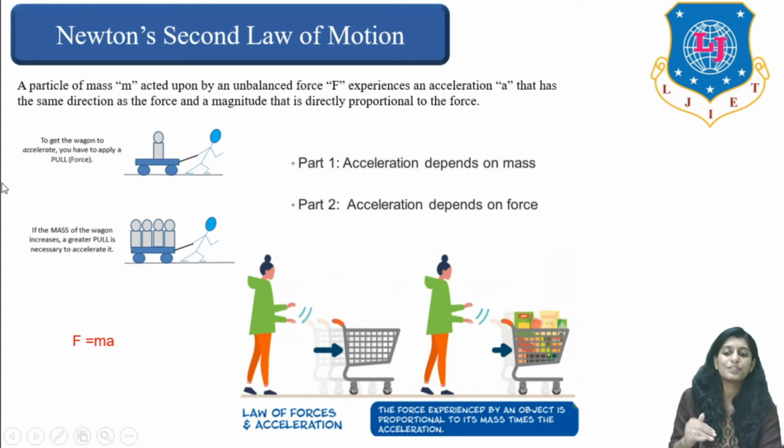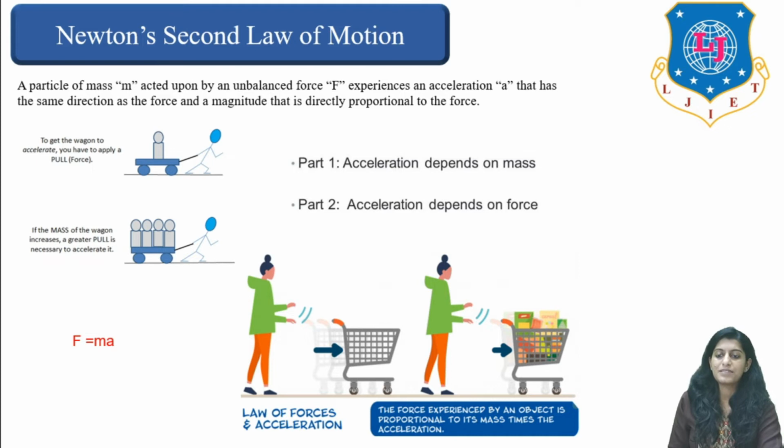So what does this particular law say? That a particle having a mass m, acted upon by an unbalanced force F, will experience an acceleration a that has the same direction as the force and a magnitude that is directly proportional to the force. In the simplest way, acceleration will depend on mass and acceleration will depend on the force.